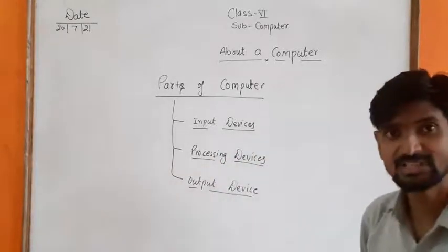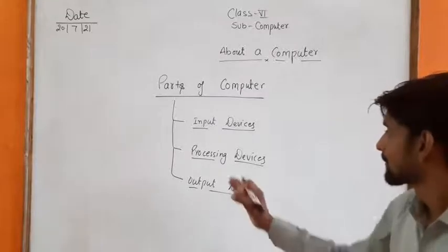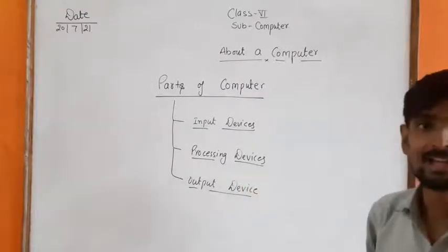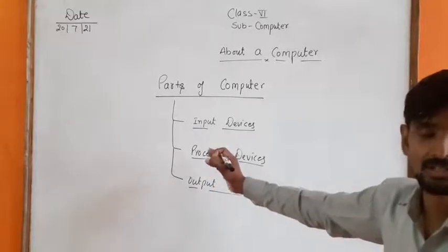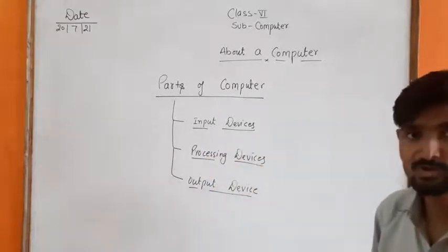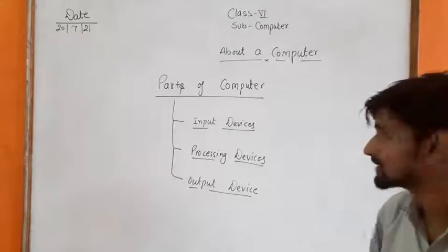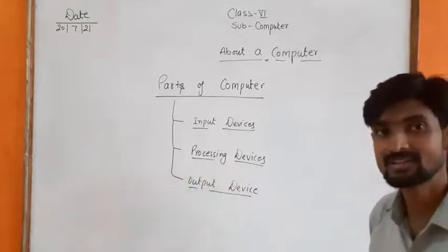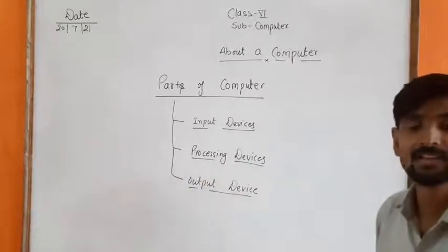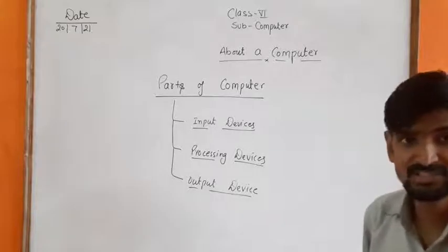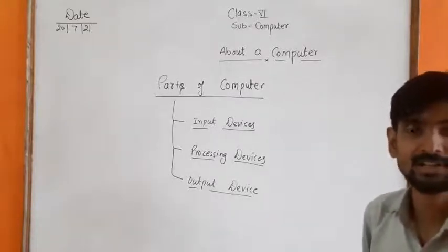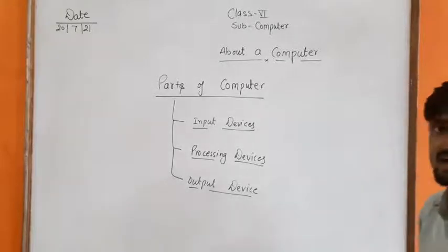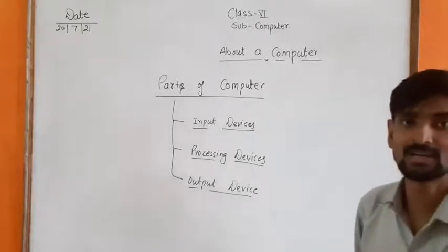What are the processing devices? The devices which are used to process the data or instruction are known as the processing devices. Or you can say that by the help of the processing devices the computer processes the given instruction or data given by the users.